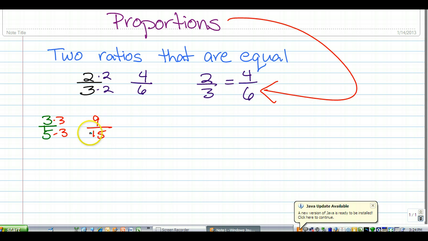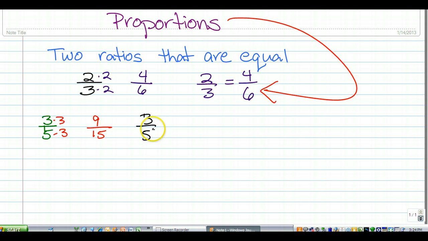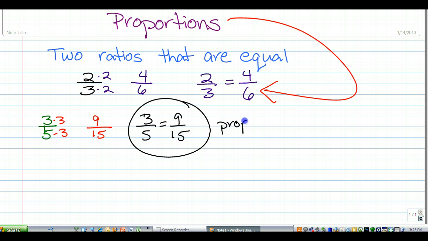So I've just made another ratio, but when I put them together with an equal sign in between, I have created a proportion. 3/5 equals 9/15. This is called a proportion. A proportion is equivalent ratios.